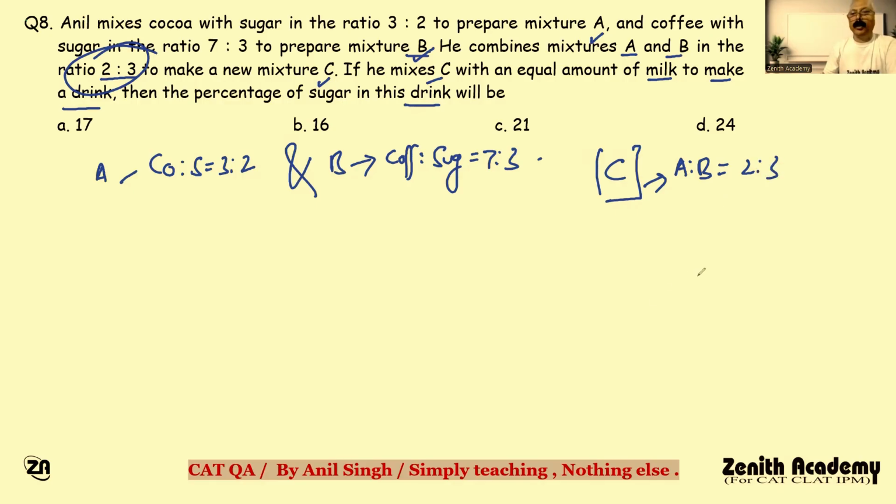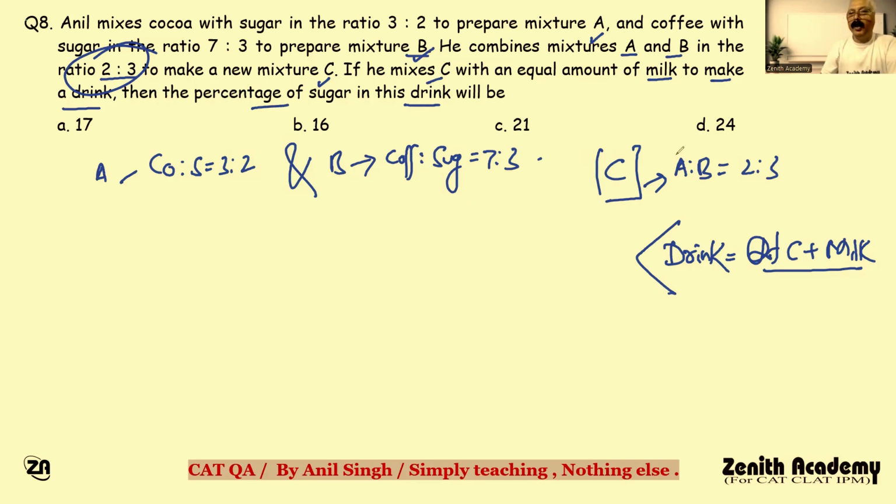And finally, in the drink, we have the quantity of C and the same quantity of milk. Here you have to find the percentage of sugar in it.